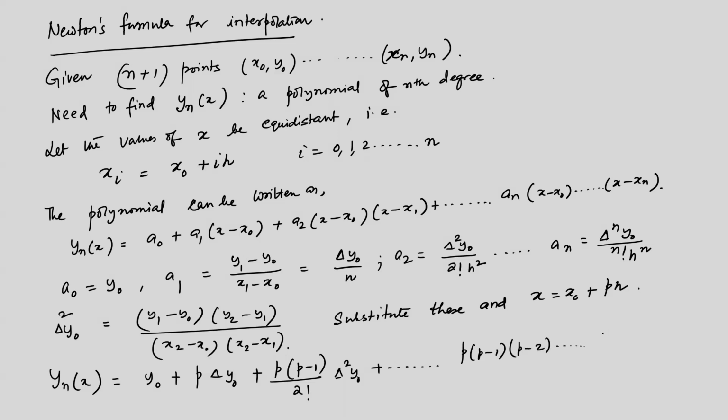So, this is like p minus n plus 1 divided by n factorial, and there is a delta n y 0. Okay. So, that is the nth order polynomial that we are looking for, which could appropriately substitute or replace the f of x that has been found out from the experiment.